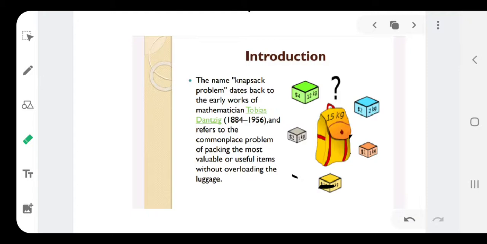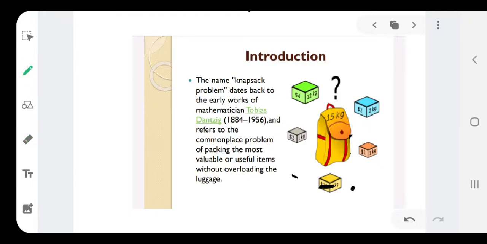In simple language, if a person is going from one place to another for some trading purpose, the person should carry only the most valuable or useful objects without overloading the luggage.